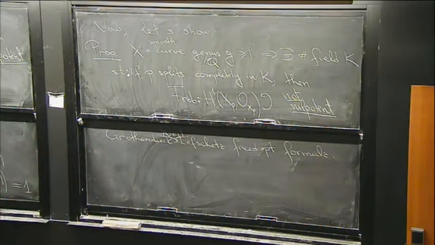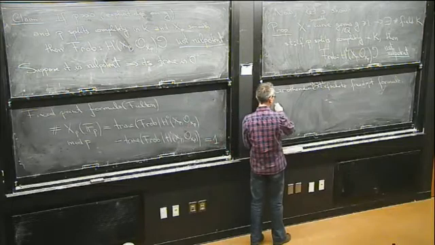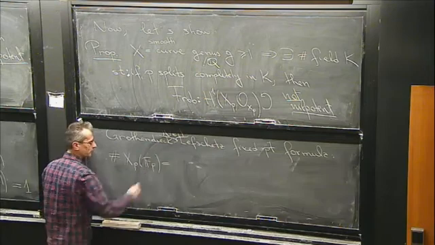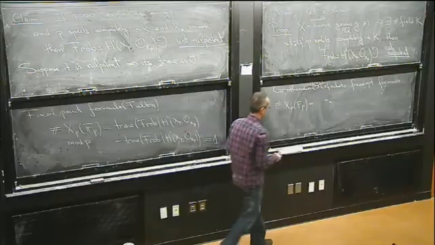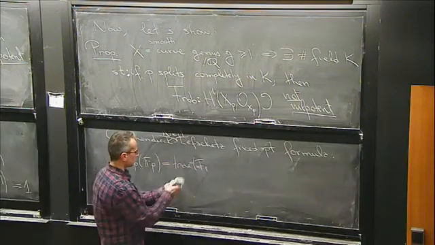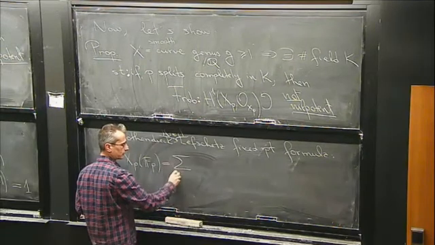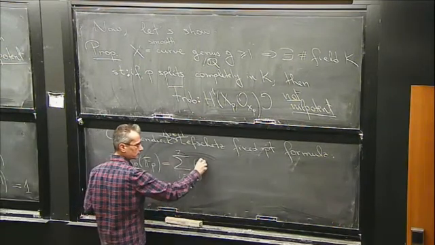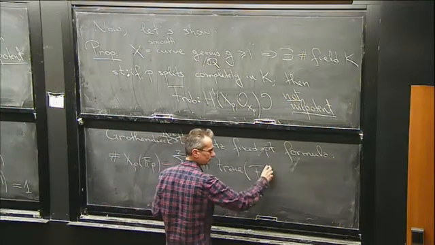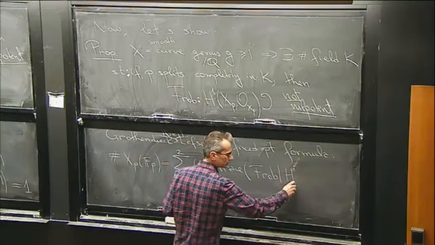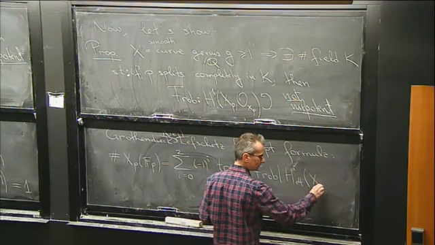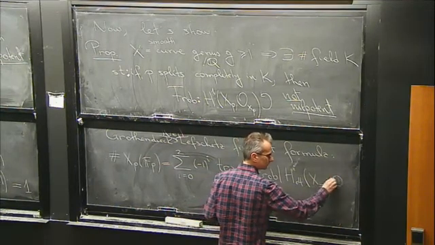All right, so what does it say? It says that the number of Fp points on Xp is equal to the following. Now I'm going to look at traces on l-adic cohomology: the sum for i from 0 to 2 of (-1)^i times the trace of Frobenius on H^i of X_p, really over Fp bar, with Q_l coefficients.